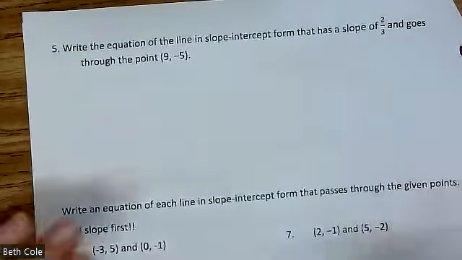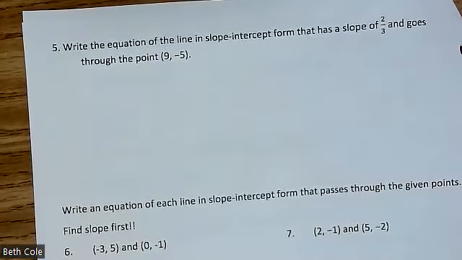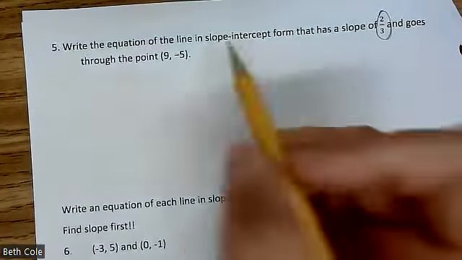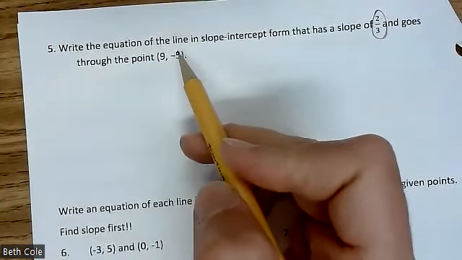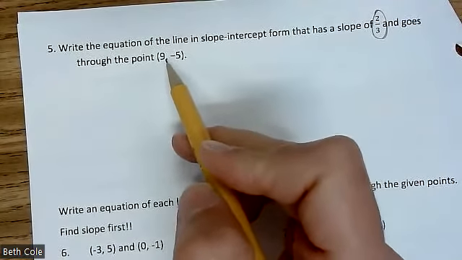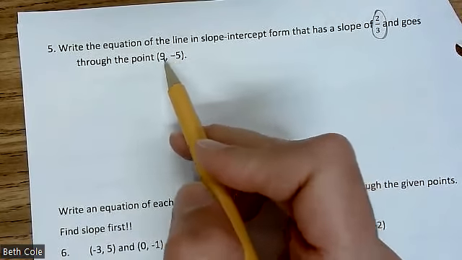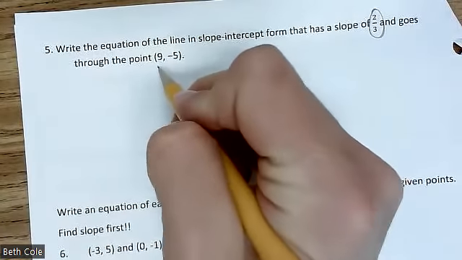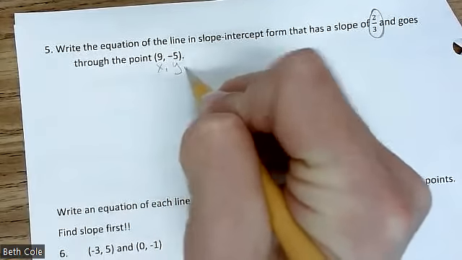We're going to try it again. We're going to just practice the heck out of that. So write the equation in slope-intercept form. Our slope is 2/3, and then this is our point. How would we label it? How would I label this point? x1, y1.